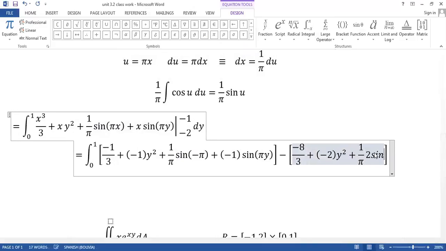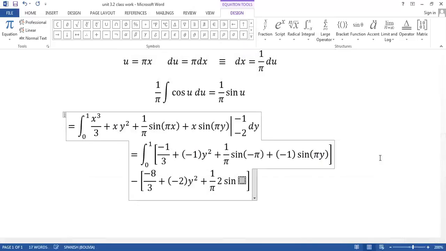Sine, and then this is going to be -2 pi. Let me put in my parentheses. -2 pi. So what is the 2 doing outside the sine? Oh, my bad. Just hit delete.